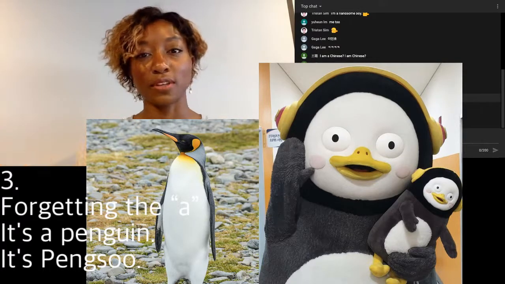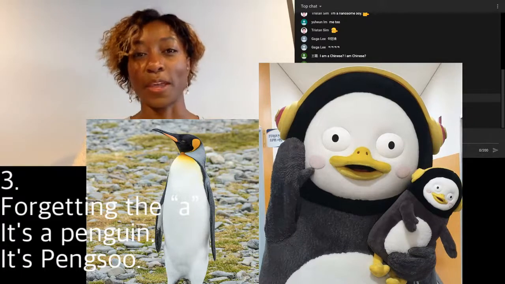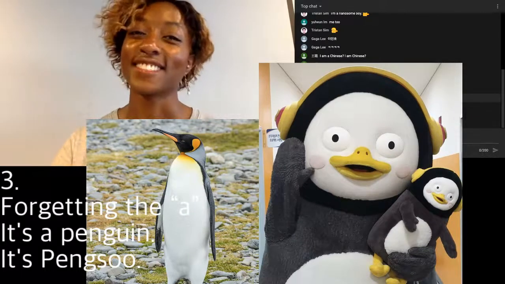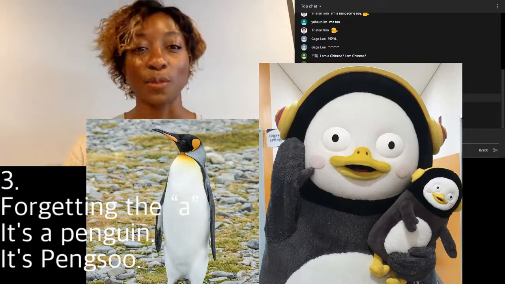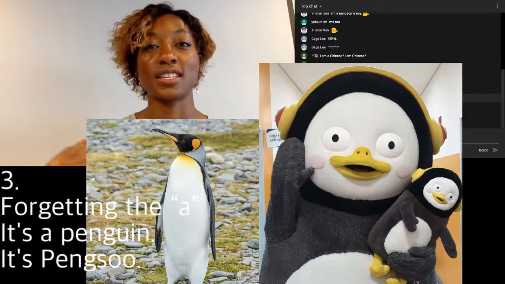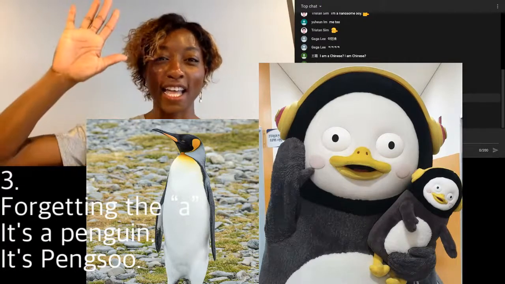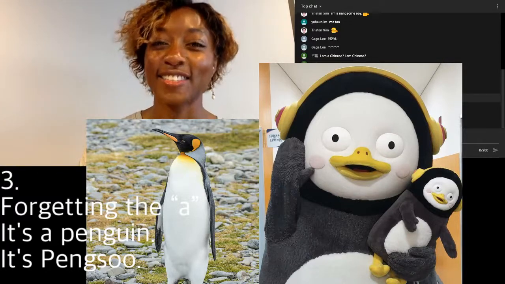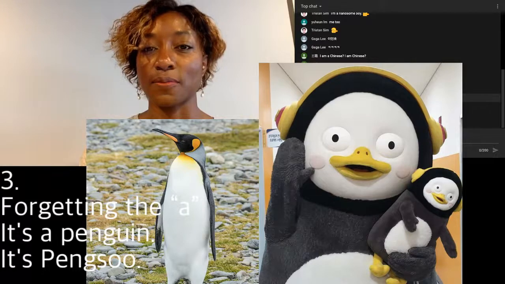It's a penguin, right? But this is a special penguin, right? He has a name. So you wouldn't say this is a pengsu, right? You wouldn't say it's a pengsu. You say it's pengsu. This is pengsu. Yeah. So this is a penguin and this is pengsu.